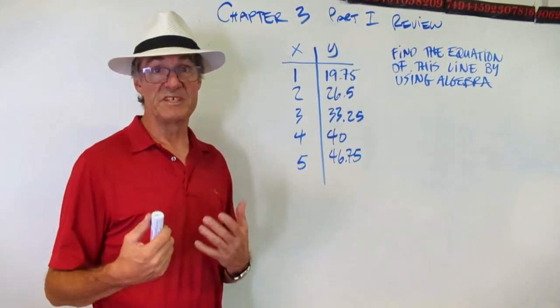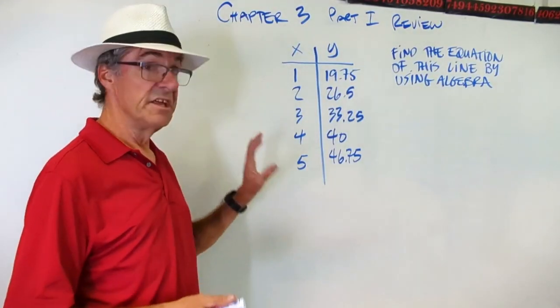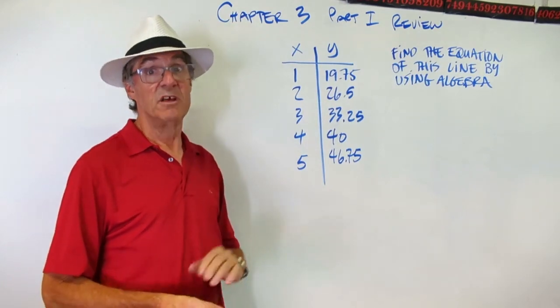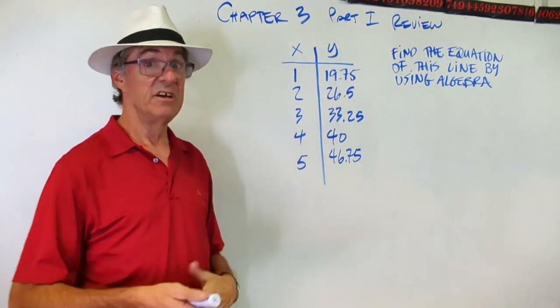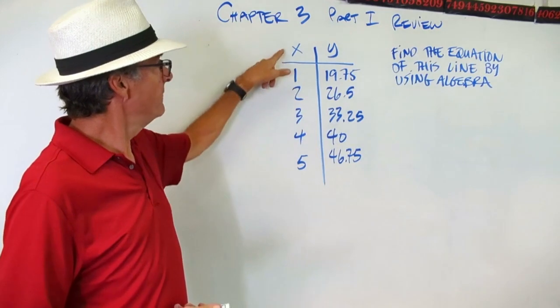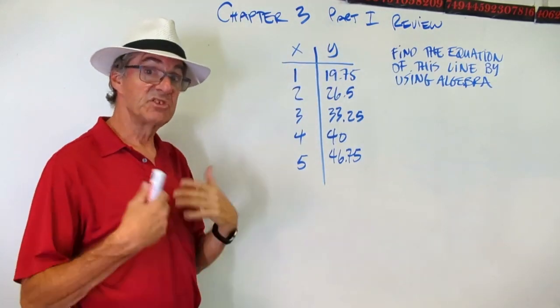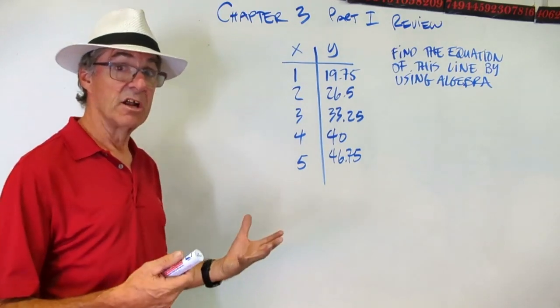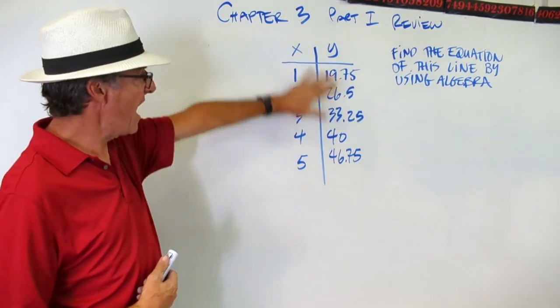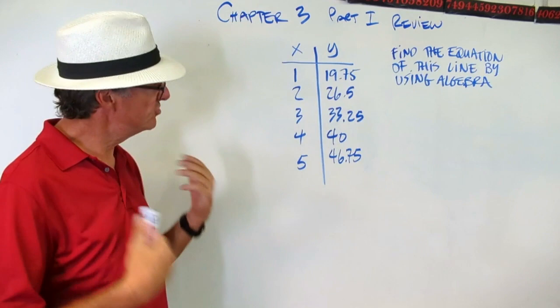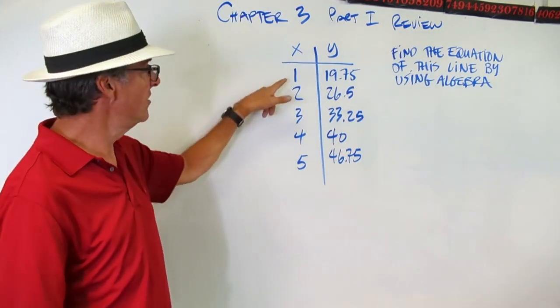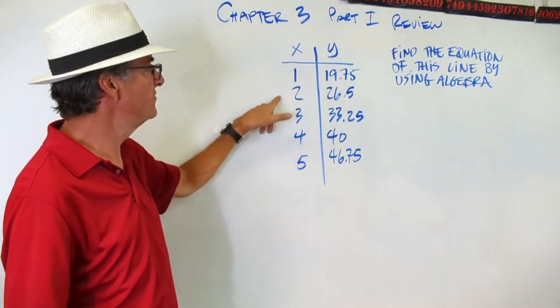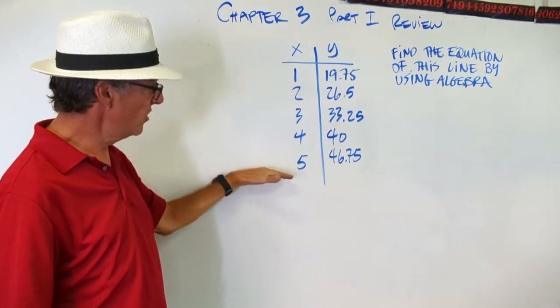One of the things we did is use linear functions to model or match data. So here's an example where I'm just giving you x and y values, but some of these problems were buried in word problems where there was an extra layer required to understand how to use the data. In this case, I'm just giving you a data table where you know that 1 maps to 19.75, 2 to 26.5, and so on.